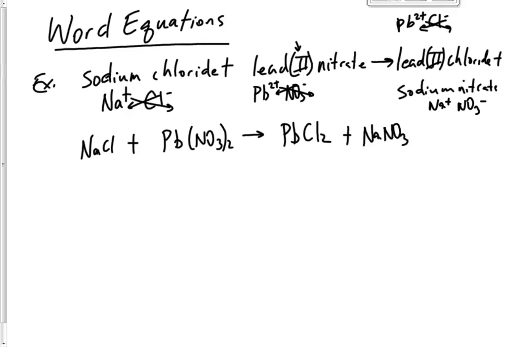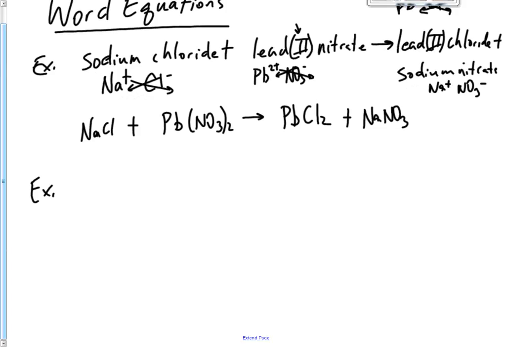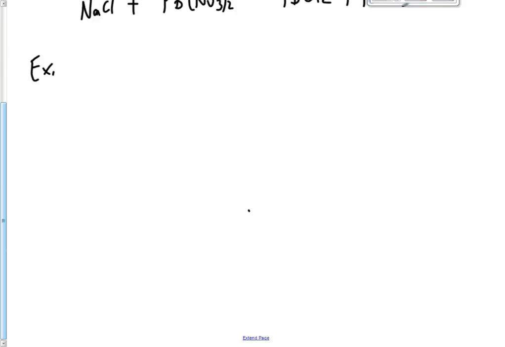Okay, so that's one way to do it, where they give you all the words and they give you the symbols. That's probably the most straightforward way to do it. Another way to do it is a full sentence.